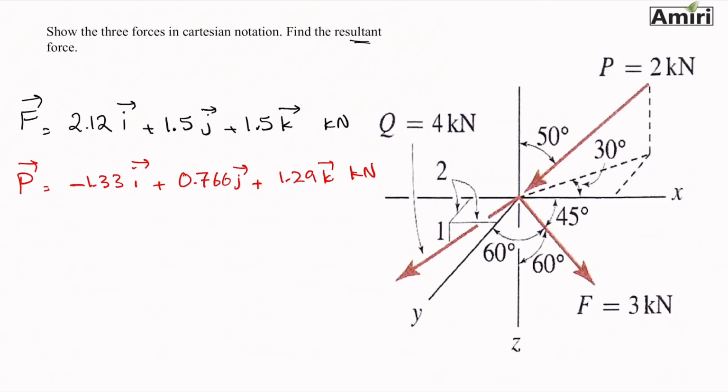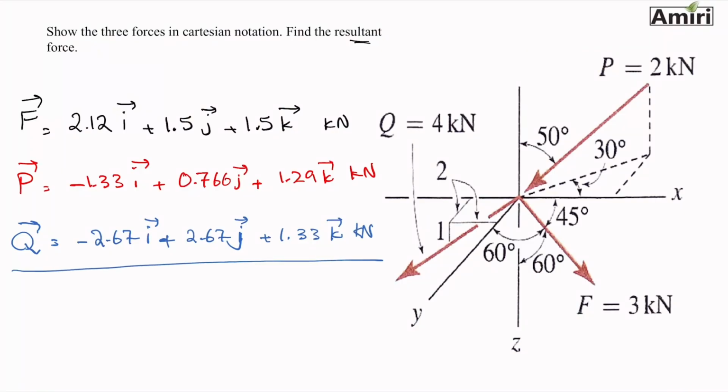And then Q, once you do the math, is going to be minus 2.67 I, 2.67 J, 1.33 K, units of kilonewtons. Again, I write it this way so it's much easier.